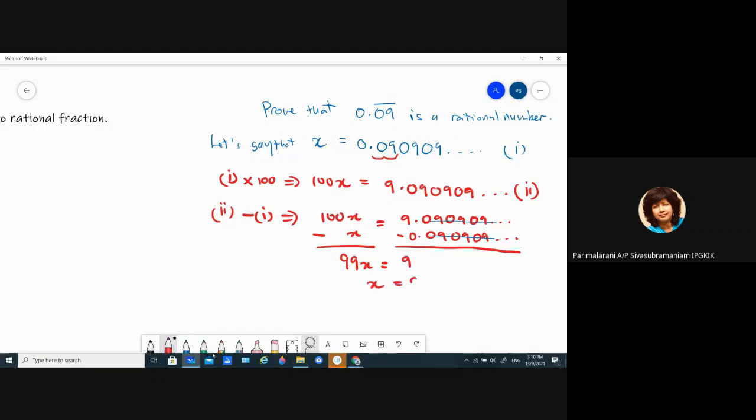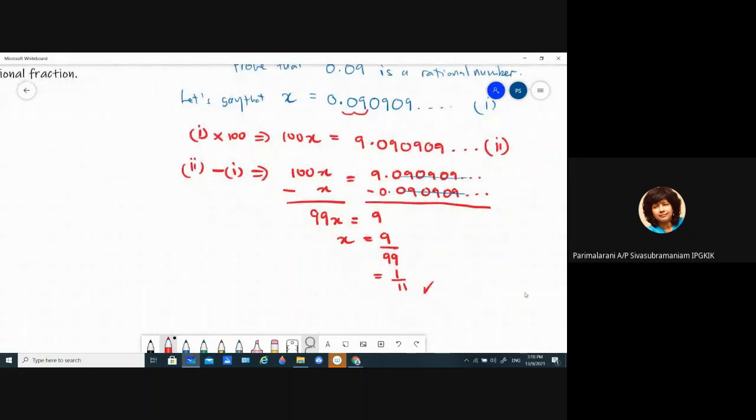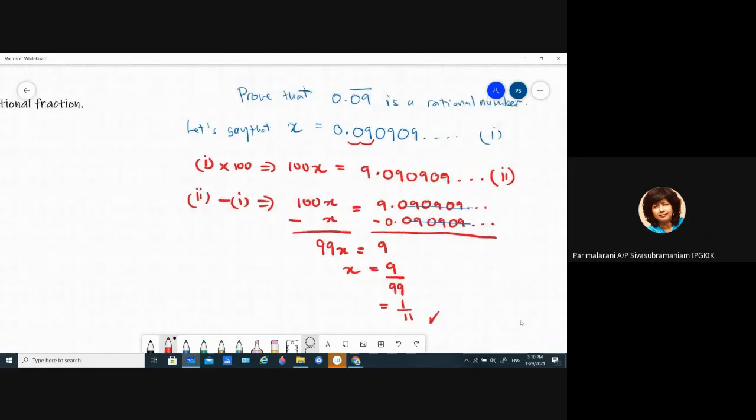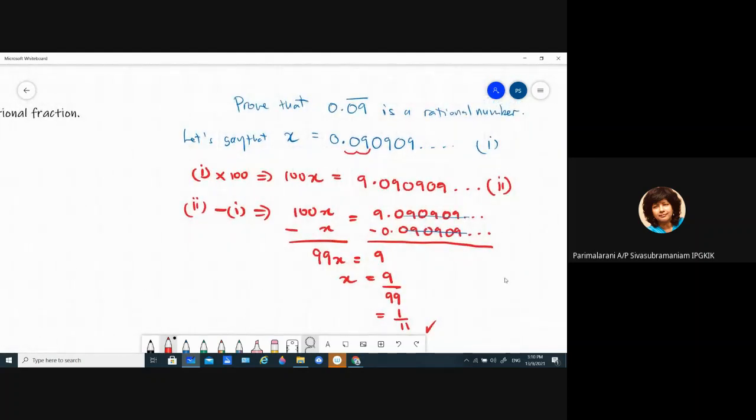Therefore x is 9 over 99, which is equivalent to 1 over 11. So we have proven that 0.090909 is a rational number because we have written this number in the form of a rational number. Can you understand this?